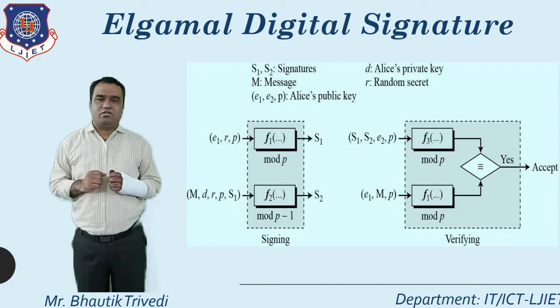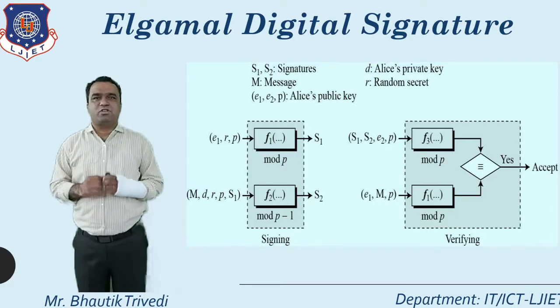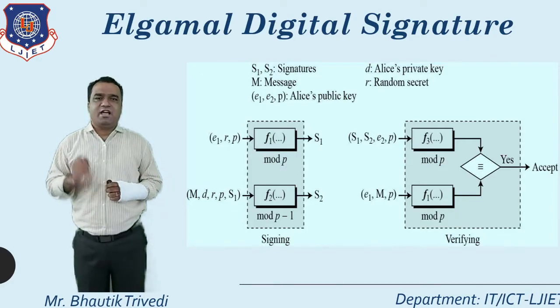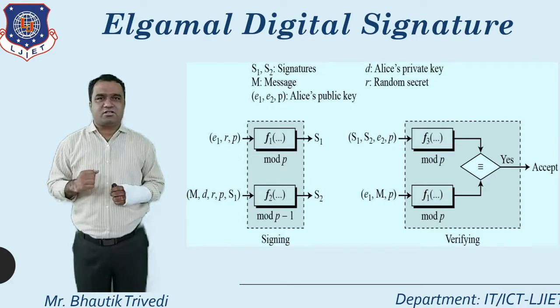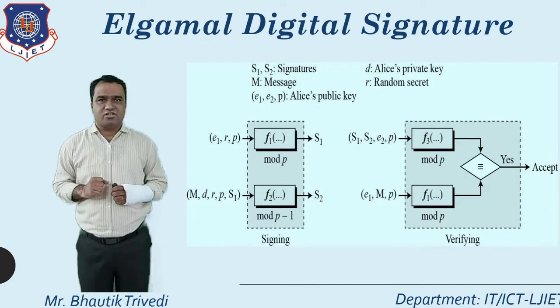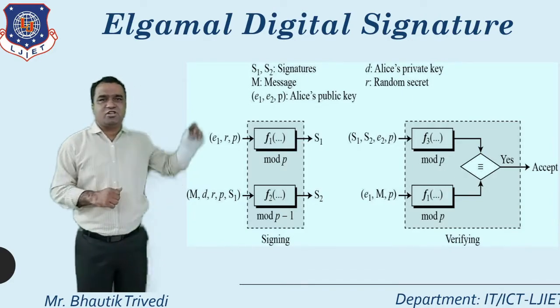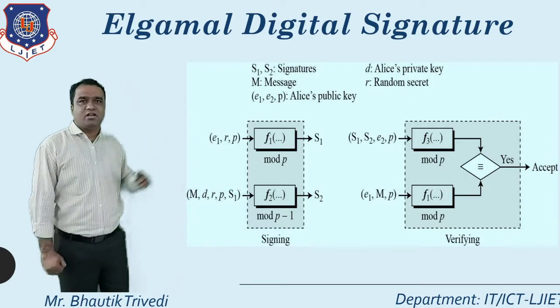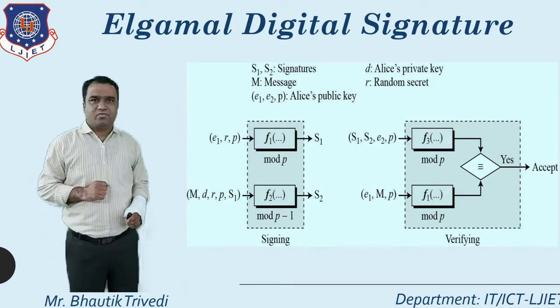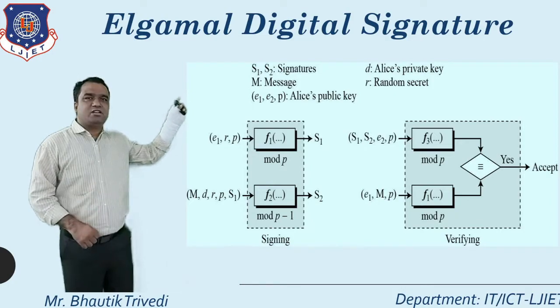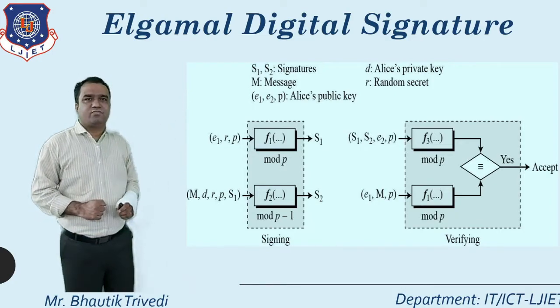Whenever you talk about the ElGamal digital signature, at least you should know the different parameters of the ElGamal digital signature. In this figure, S1 and S2 are the signature. M is treated as the message.